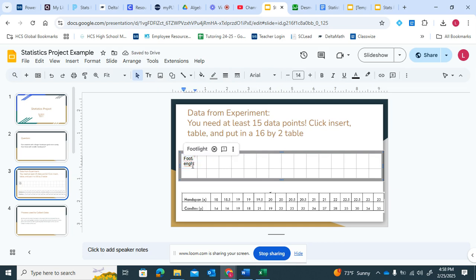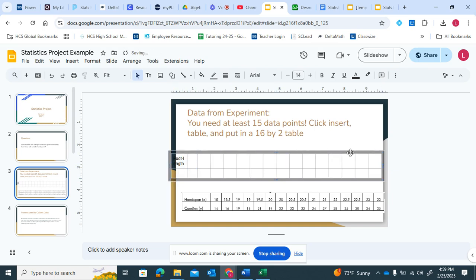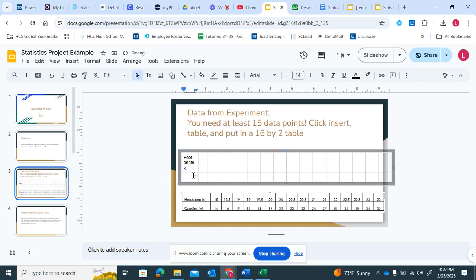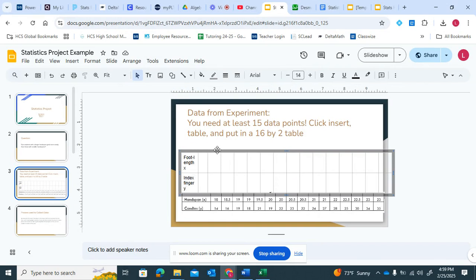Then index finger length is Y. And you want to make sure that you have the same units.